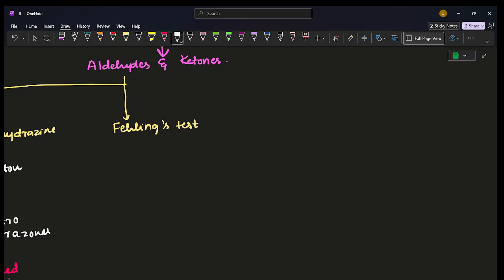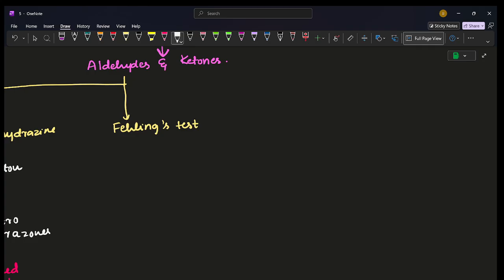The most important thing you'll have to remember with respect to Fehling's test is who gives the test and what the reagent is. Because the reagents for Fehling's and Benedict's tests can easily be confused. So it's very important to remember, and also remember that there are two solutions, solution A as well as B. They might ask you which is A, which is B, and whether it is aqueous copper sulfate or alkaline copper sulfate. That is something you'll have to remember.